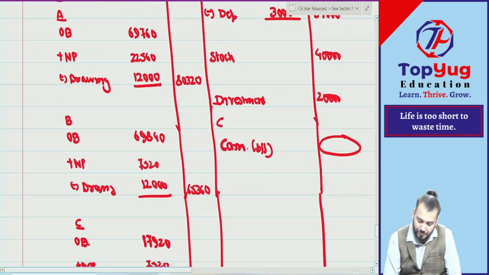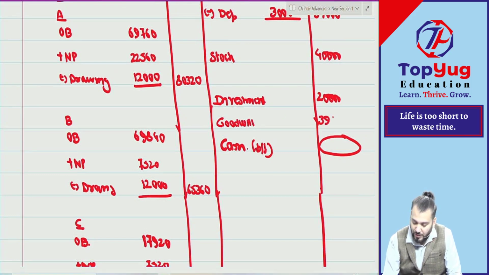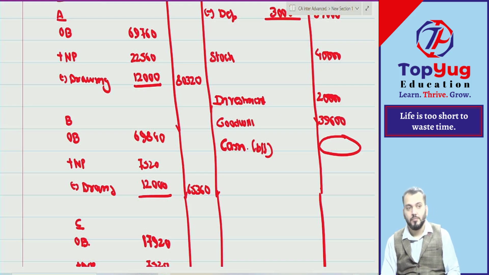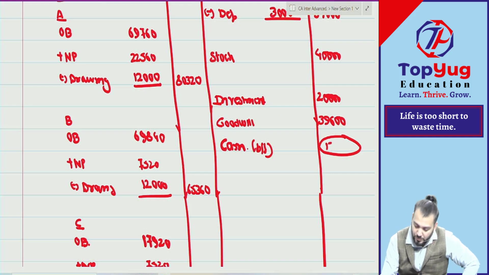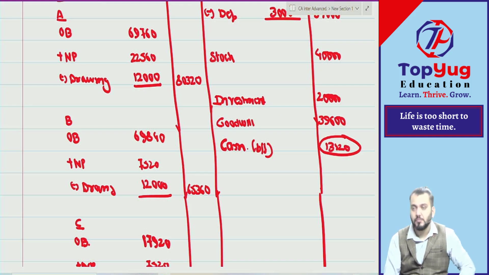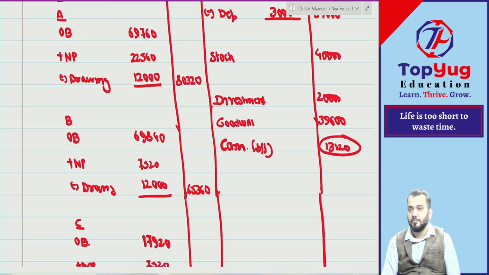Goodwill will also come. Goodwill is what? It has been raised. So 39,600. Now tell me. 13,120. Simple.